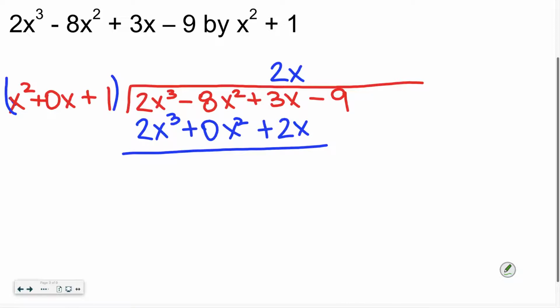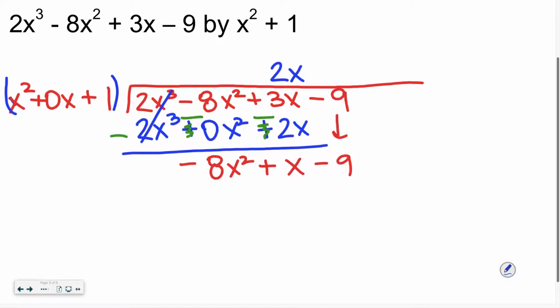My suggestion is to just change all of the signs to carry the subtraction through. This should always go away. And we are left with negative 8x squared plus x, and then we take down minus 9.